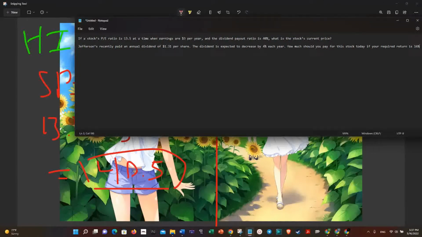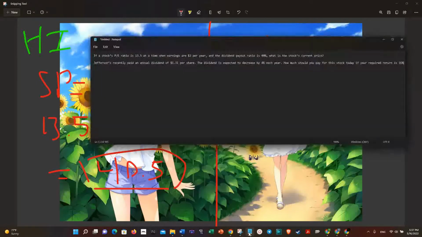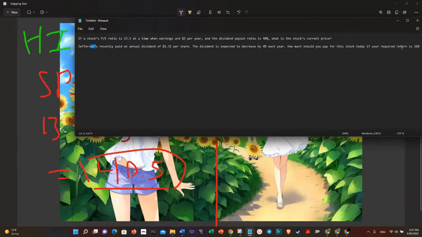Okay. So for this, we need the amount to be paid formula. That will be the annual dividend. I'm just going to put it in the notepad because it's a bit too long to just type out.